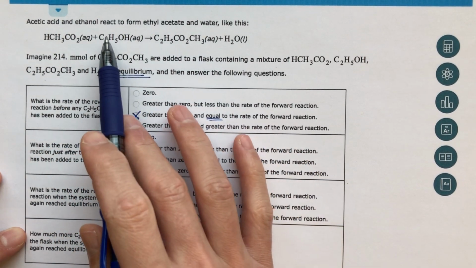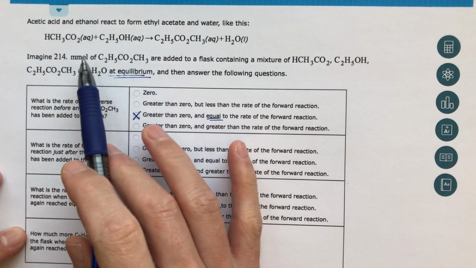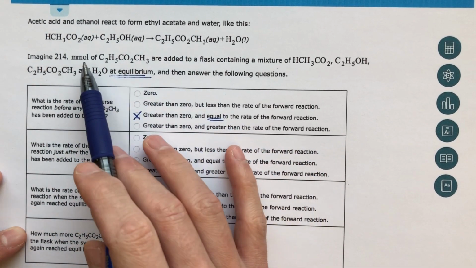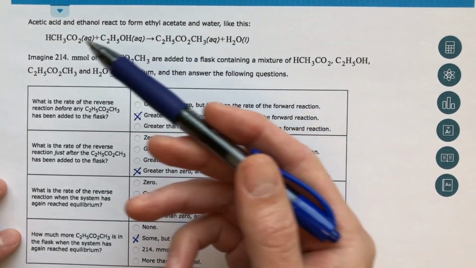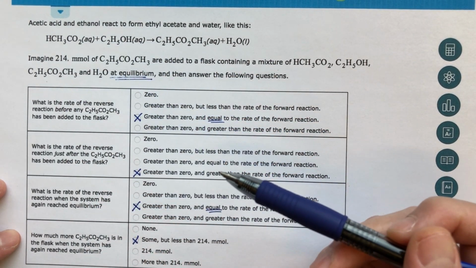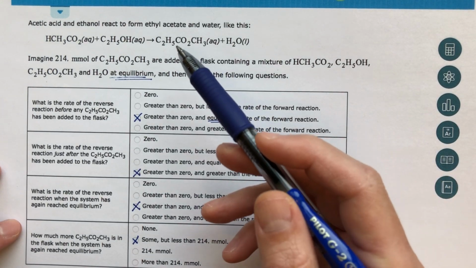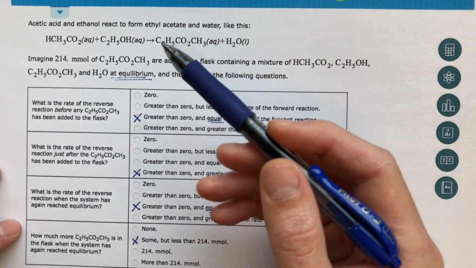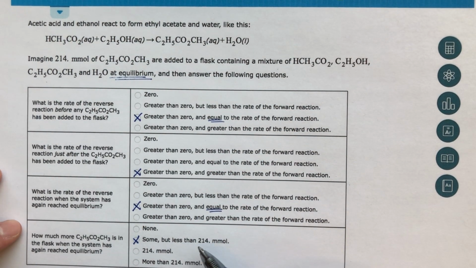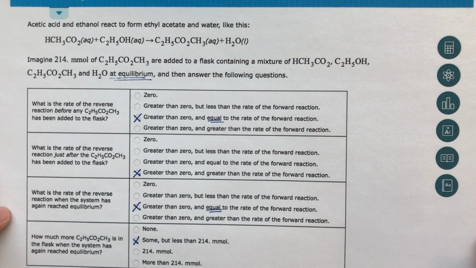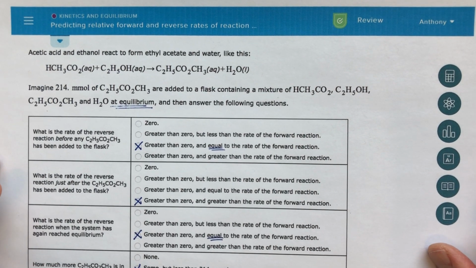Well, some of it's going to turn back into these reactants, right? Some of it's going to go away. It's obviously not going to be more. That doesn't make any sense at all. And it's not going to be the same because it's gone that way. And it's not going to be 0 because it's not all going to go this way. So some of it's going to go that way, but some of it's going to be remaining. So some, but less than the 214 that we put in. Okay, hopefully that makes sense. Let me know if it doesn't.